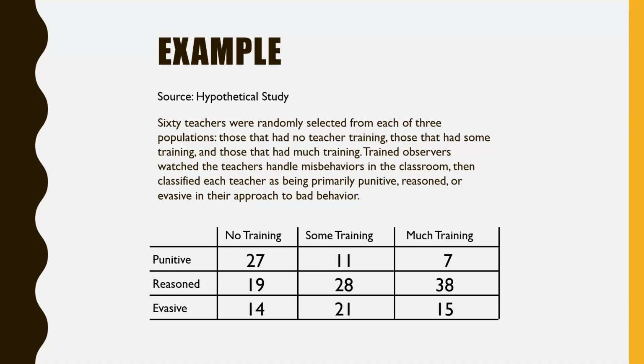If the amount of teacher training has no bearing on what proportion of the teachers are punitive, then those 3 proportions that I just named should be all equal. Similarly for reasoned, they should be all equal. The no training reasoned proportion, the some training reasoned proportion, and the much training reasoned proportions. So I want column conditioned proportions here.